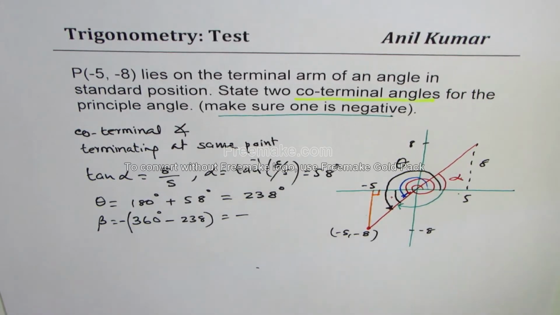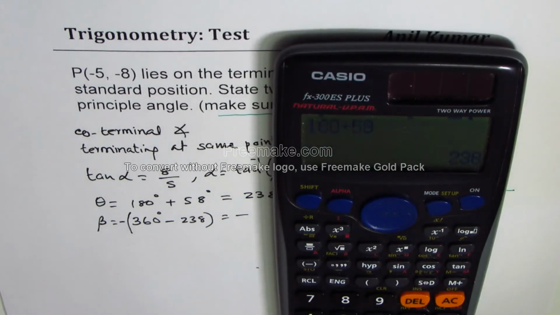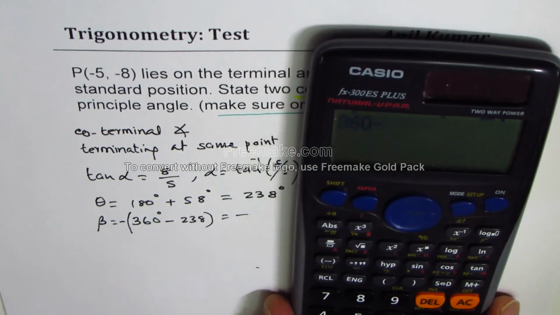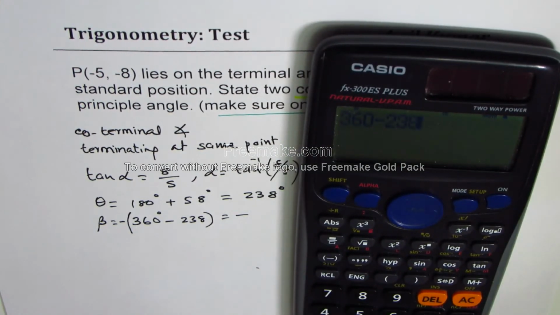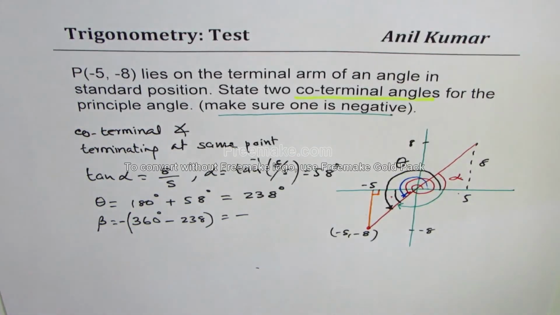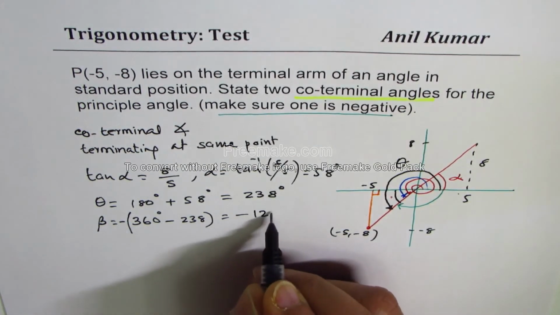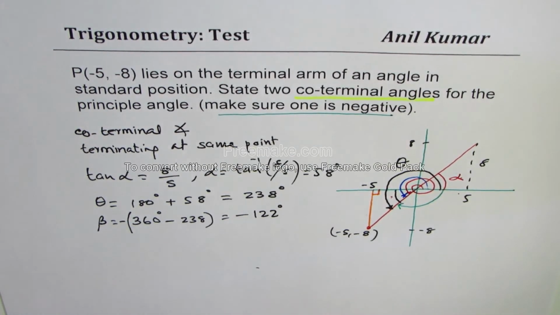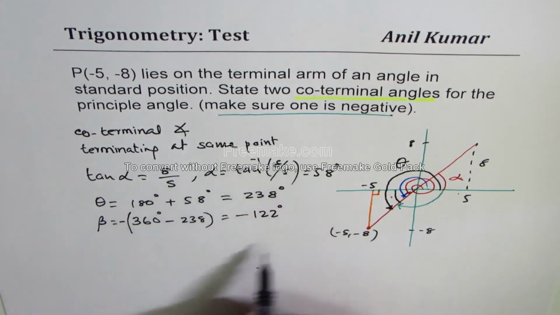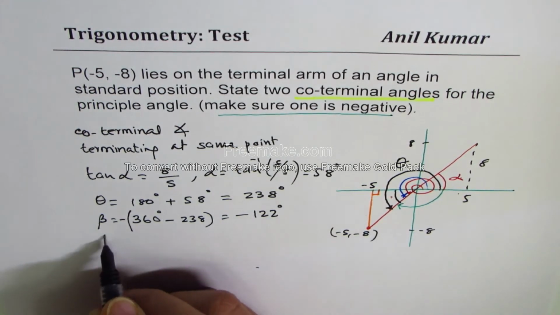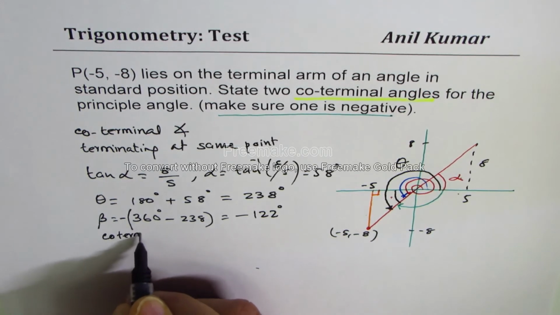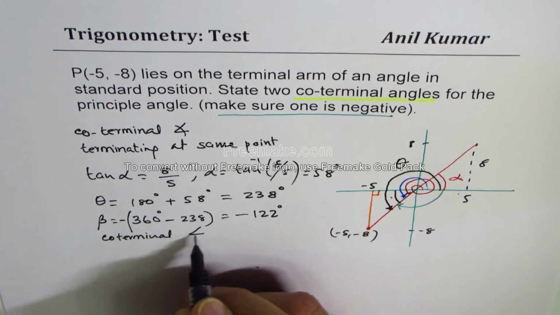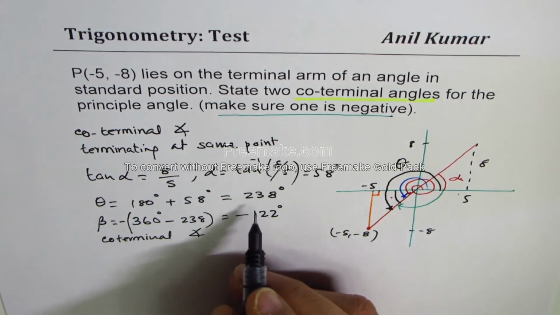So it is the negative of, let's do this, 360 minus 238 equals 122. So minus 122 degrees. Do you see that? You can actually give more coterminal angles like this. Coterminal angles you can get by adding 360 degrees.